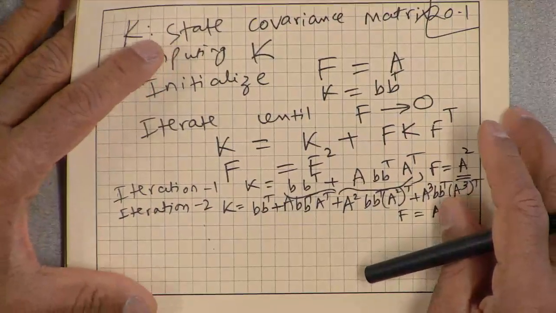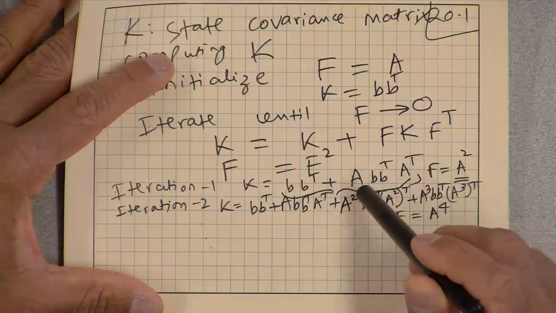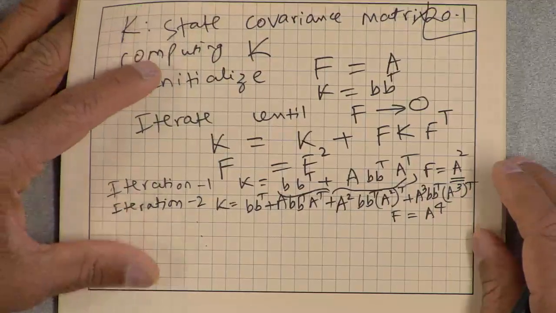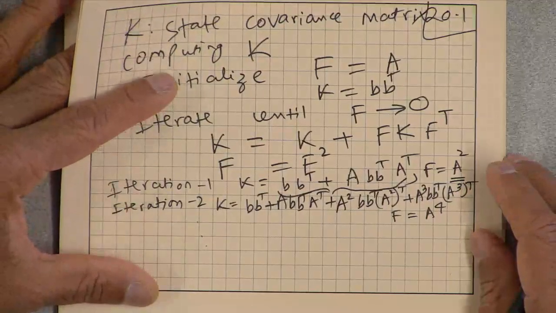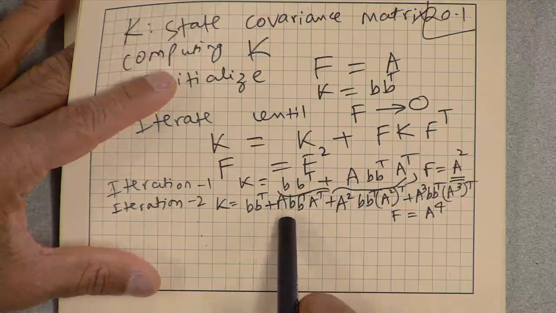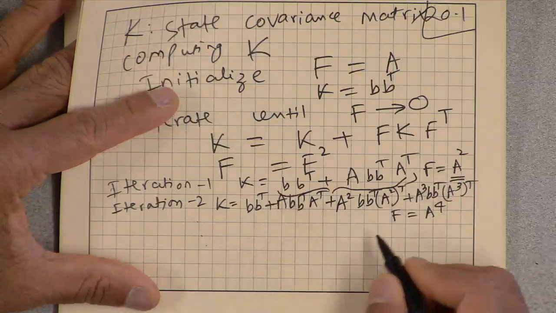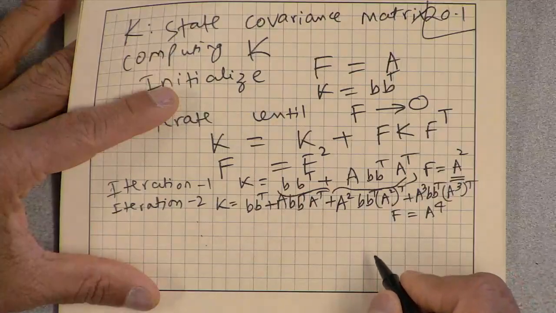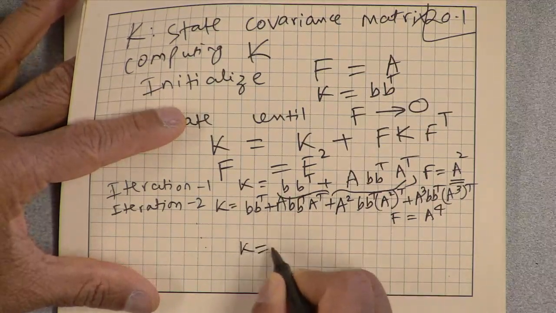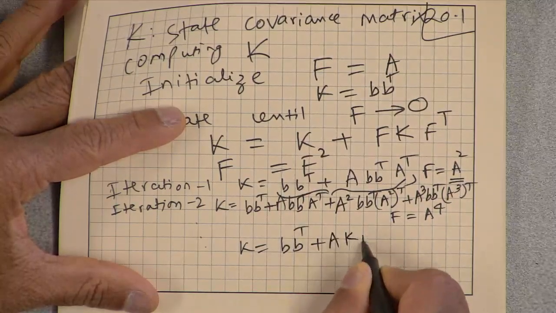If you think about the covariance matrix and that equation that we had, this so-called Lyapunov equation, K is equal to BB transpose plus A times K times A transpose, right?